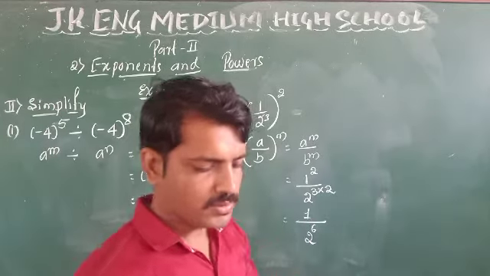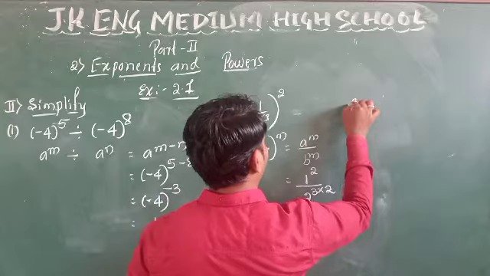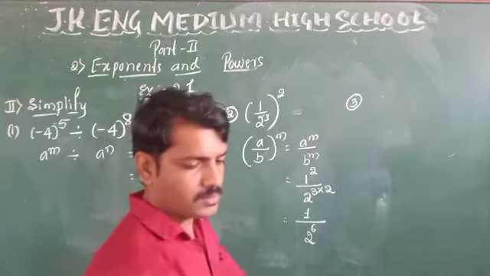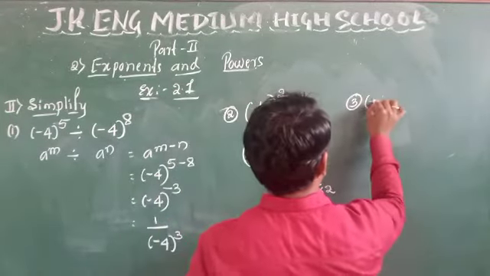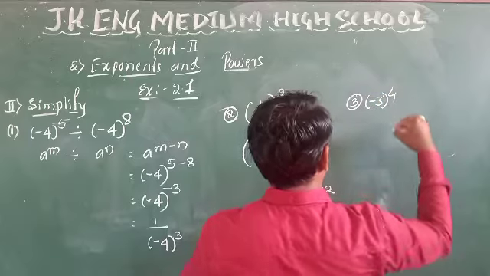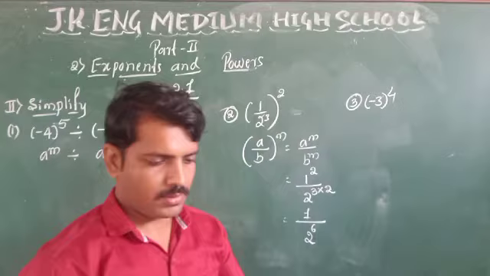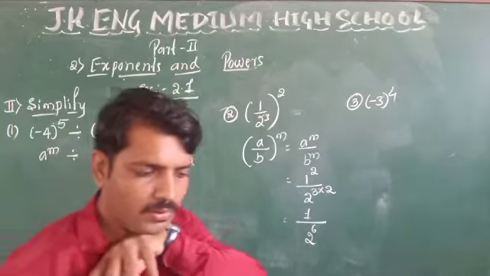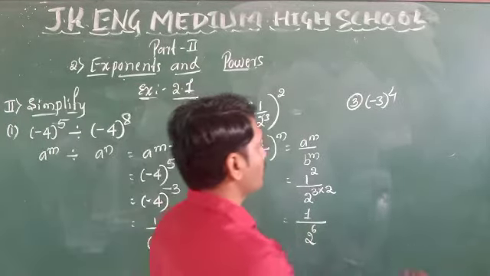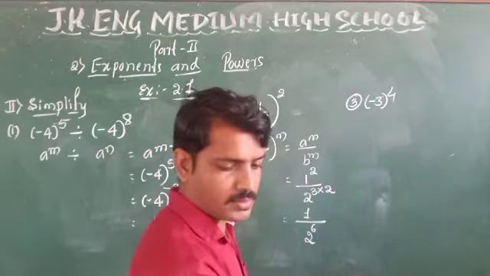Okay, shall we go for question number 3? Question number 3 is minus 3 to the power 4, 5 by 4 to the power 4. Division sign is there, into sign.